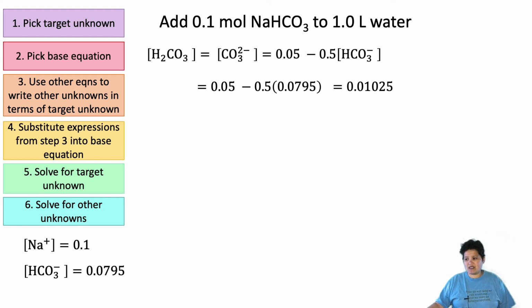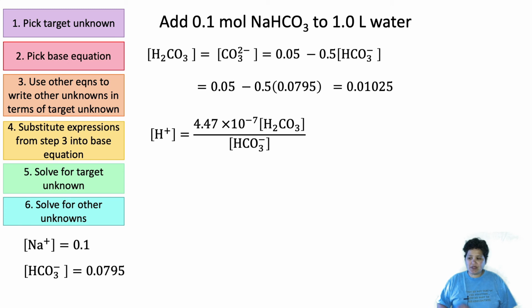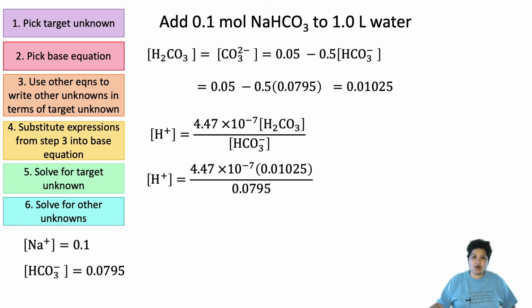And that means they're both going to be 0.01025. H plus is going to be 4.47 times 10 to the minus 7th times the carbonic acid concentration divided by bicarbonate. So we can plug in the numbers we already know. And that gives us a concentration of 5.76 times 10 to the minus 8th.